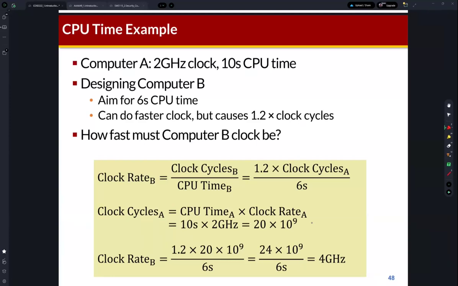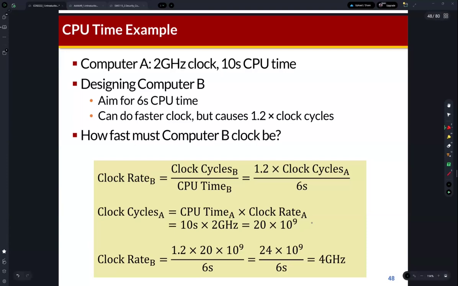Computer A works with a 2 gigahertz clock signal, and it exhibits 10 seconds of CPU time. We want to design computer B. The goal of computer B is 6 seconds of CPU time.